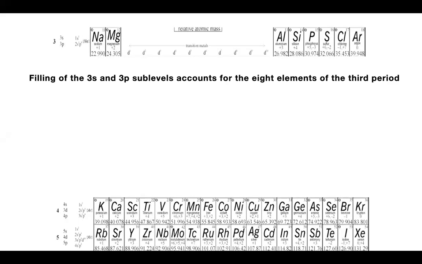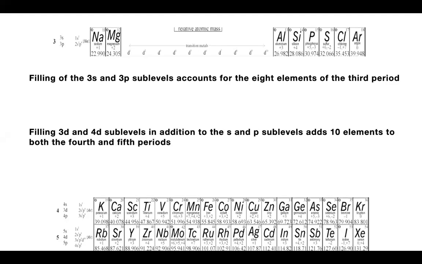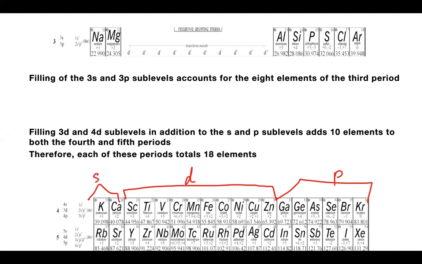Filling the 3s and 3p sublevels accounts for the 8 elements of the third period. And then when you get to periods 4 and 5, as I said, we're going to add 10 extra elements in the D block, as well as our 6 p elements and our 2 s elements, for a total of 18.